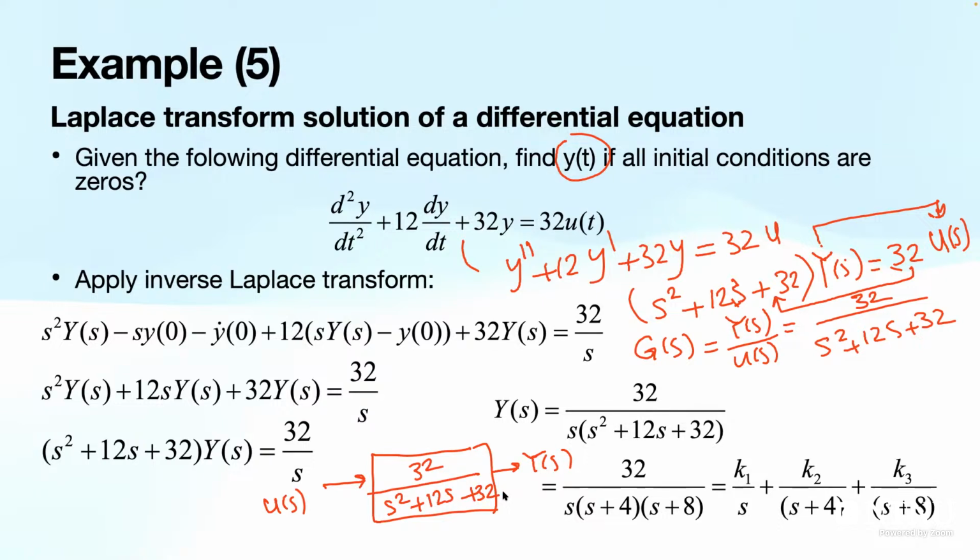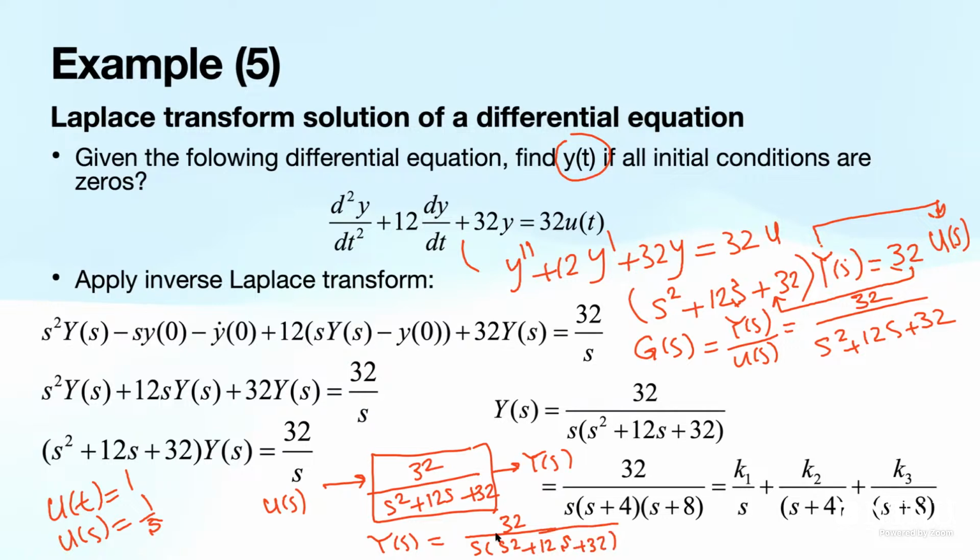I don't know whether you want y of s or y of t. For example, we need to see for what input. So if we say u of t equals 1, in this case u of s will be 1 divided by s. And in this case, y of s will be this transfer function multiplied by 1 divided by s, so it will be 32 divided by s multiplied by s squared plus 12s plus 32.